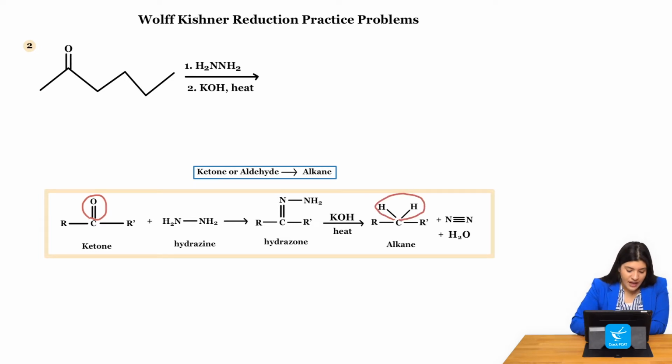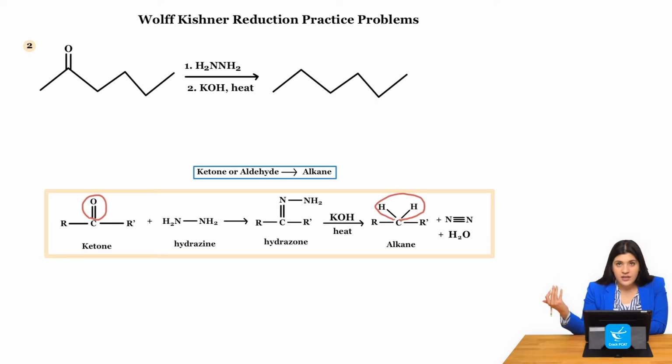So I'm removing that carbonyl group again, so I can cleave this off and see I'm done. It just gives me an alkane. So start to get familiar with that and just how quickly you can do these questions, because a lot of times you aren't going to be asked to write the mechanism for a lot of these types of questions. It's just going to be, what's the product? And all you have to do is cleave this off, so remove that carbonyl group, and you form an alkane.